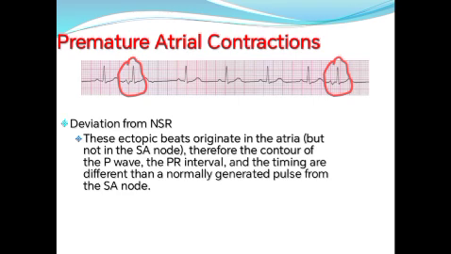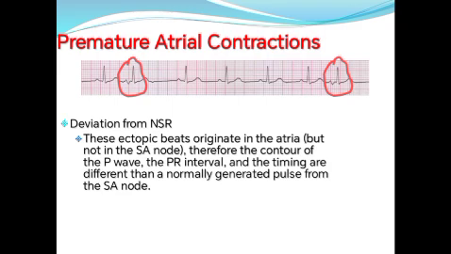It originates from the atria. Therefore, the contour of the P wave and the PR interval will be different. The timing is also different than the normal one generated by the impulse from the normal conductive system of the heart. And this is because of the origin of this impulse. It is from the atria, but not from the normal conductive system, not from the sinoatrial node.